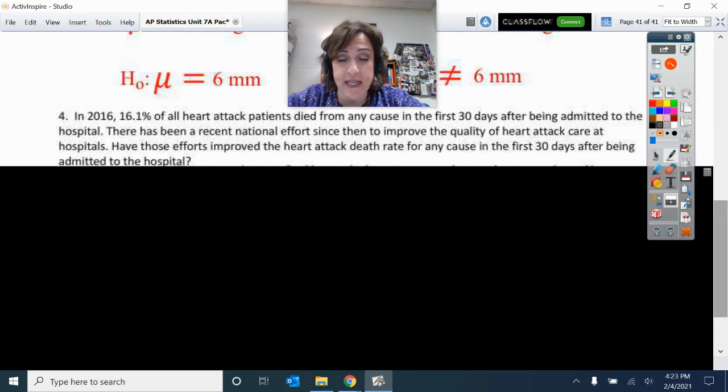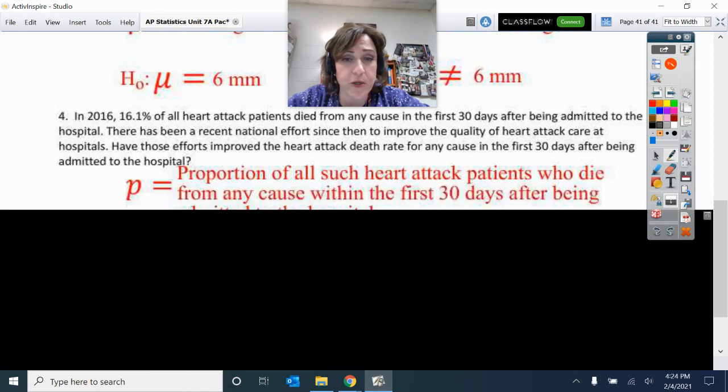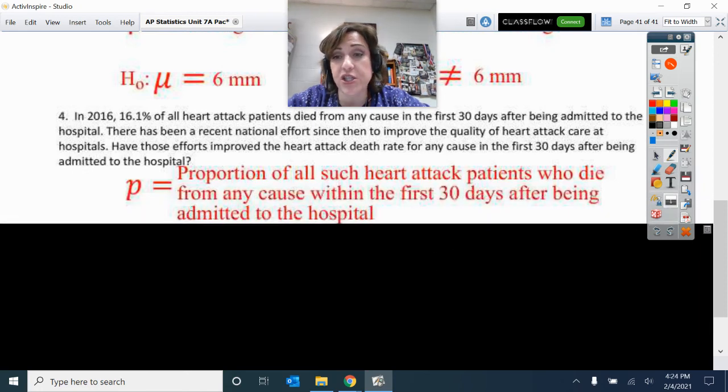So within the first 30 days. Okay, so let's see. I want to make sure I got my tense correct also. So let's check. P equals the proportion of all such heart attack patients who die, present or future, not died, from any cause within the first 30 days after being admitted to the hospital.